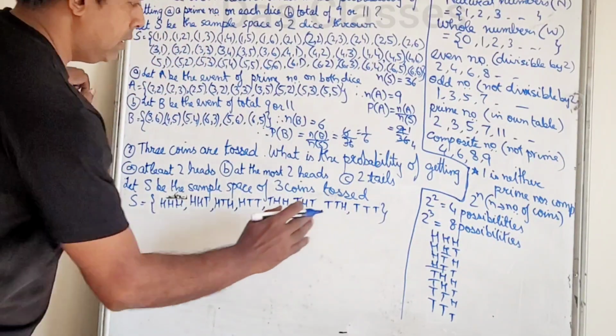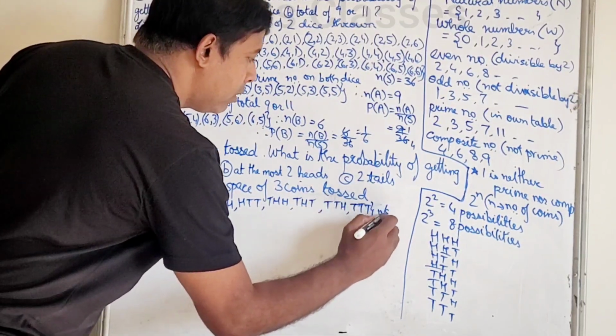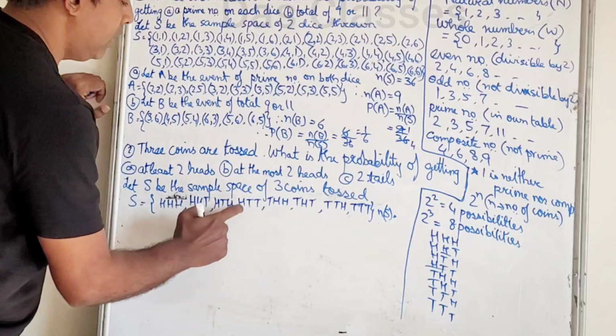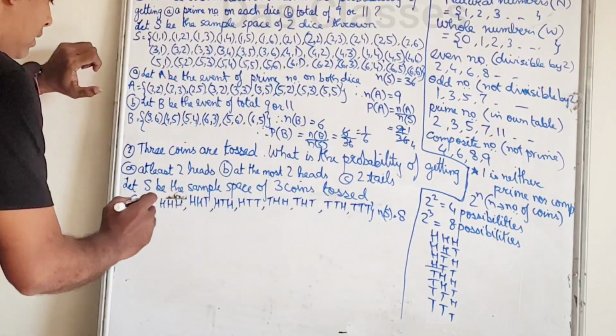So these are the possibilities. So total number in the sample space is going to be 1, 2, 3, 4, 5, 6, 7, 8.